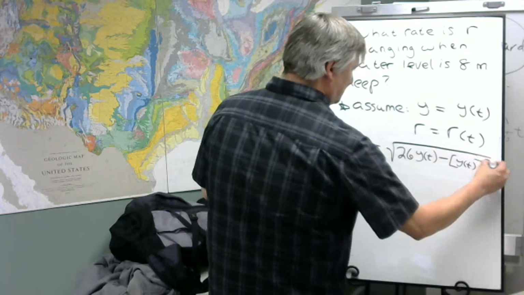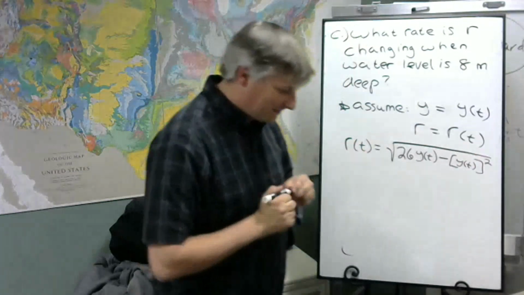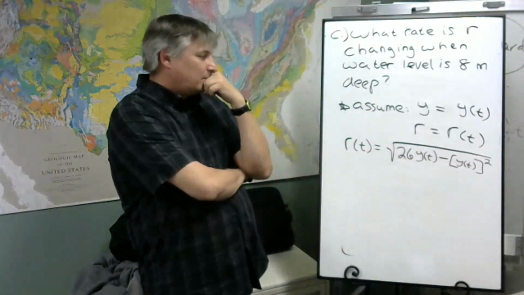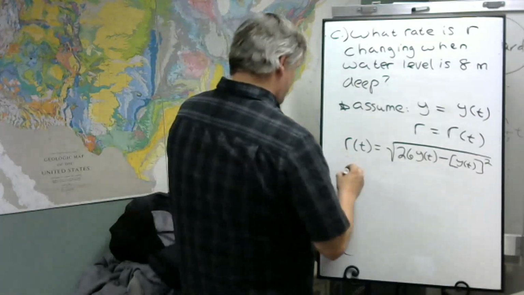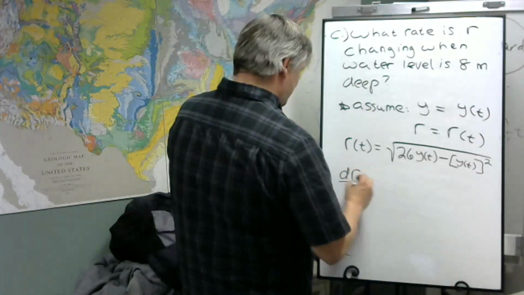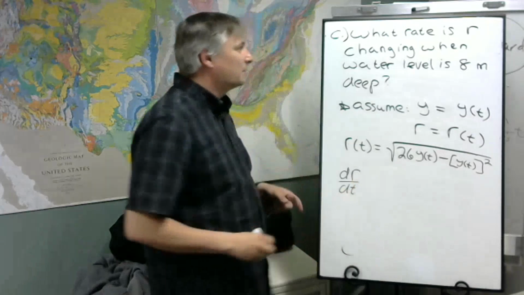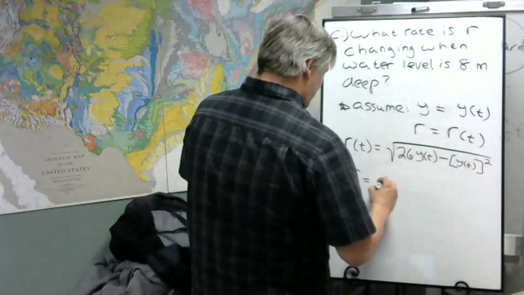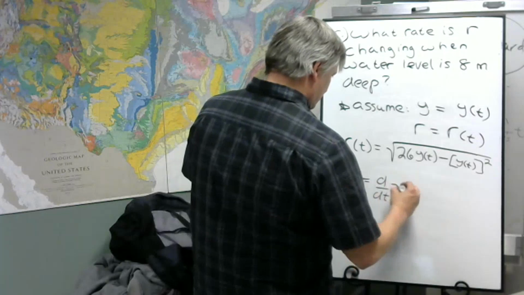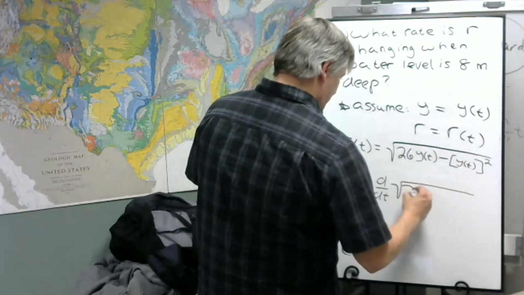Squaring y of t, so we'll do that. And what we're going to do is take the derivative. There's a dr/dt. Well, that's what we're looking for, the rate that r is changing.